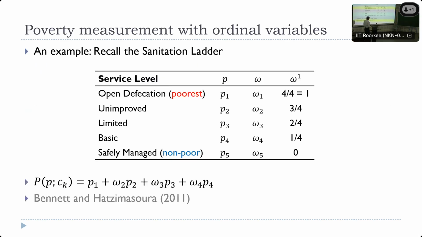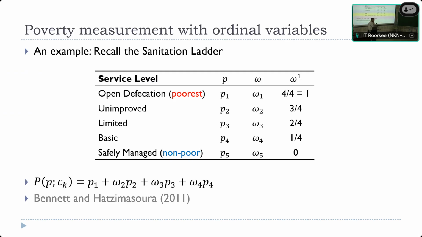So you can see our poverty measure is basically W1 P1, W2 P2, W3 P3, W4 P4. That's your poverty measure. And that satisfies all the beautiful things that we wanted it to satisfy.